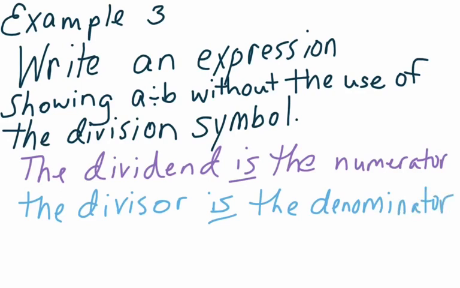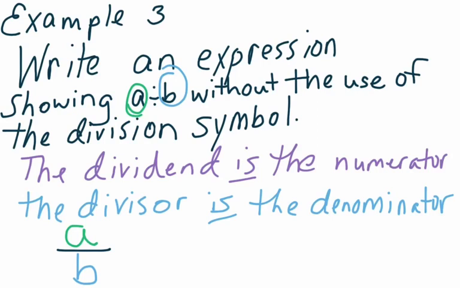So for this example, since our dividend is the first number in the expression, we are going to place a on top divided by our divisor, which is b. So we can write an expression as a fraction using a over b, or you would read it a divided by b.